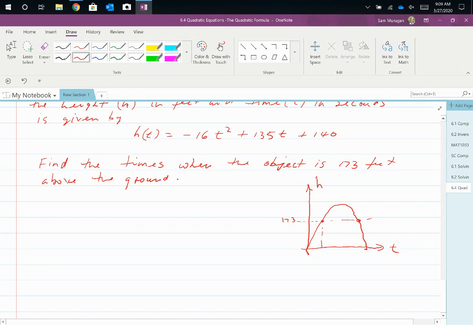So we have time 1, then it's going to go up to a maximum height and come back to time 2. So there's two times when this object would be at 173 feet. To effectively solve this, we would then set negative 16t squared plus 135t plus 140 equal to that height where it's at 173 feet.